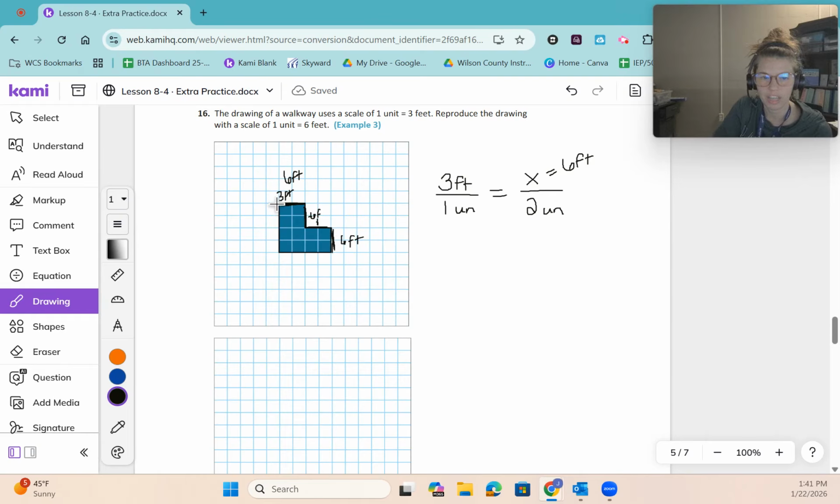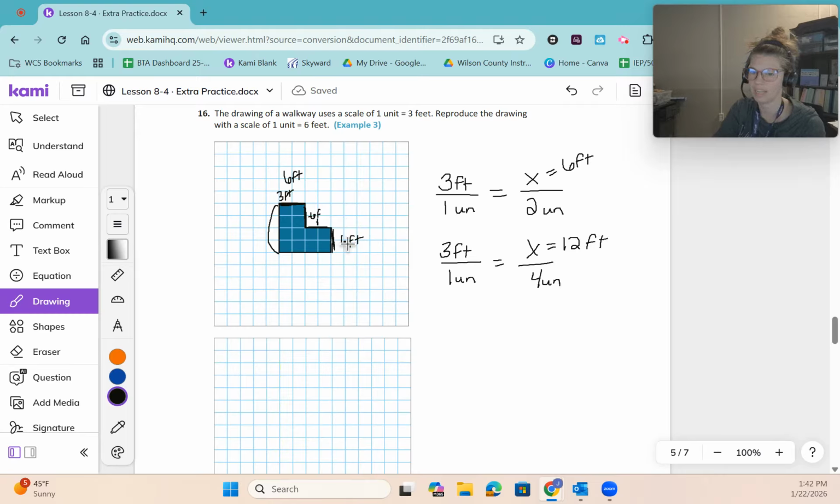Now the one that's different is this guy here, which is actually 4 units. So we're going to set up the same proportion here, but instead of 2 units, we're going to figure out for 4 units. So 3 feet for one unit is how many feet for 4 units? 3 divided by 1 is 3, times 4 is 12 feet.